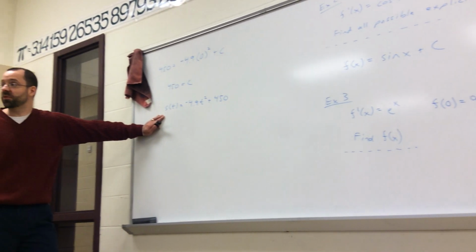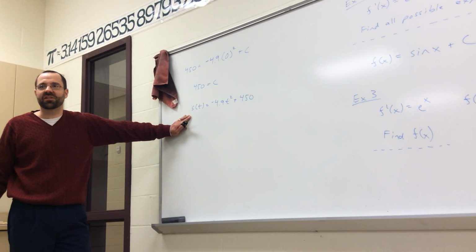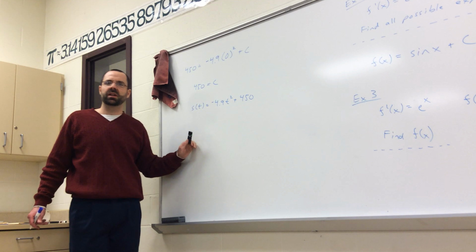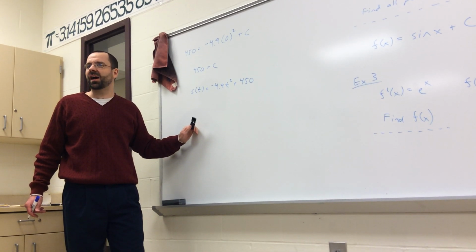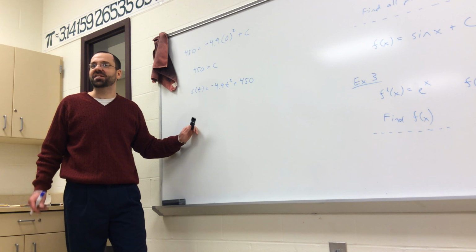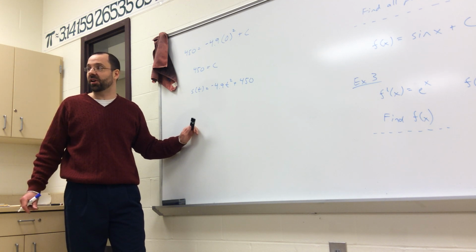Okay, so we have our position function. We haven't even answered the question yet, though, right? The question is, how long is it going to take for the stone to hit the ground? So this is going to sound like a trick question. How high is the stone when it hits the ground? It has a height of 0 when it hits the ground, right?